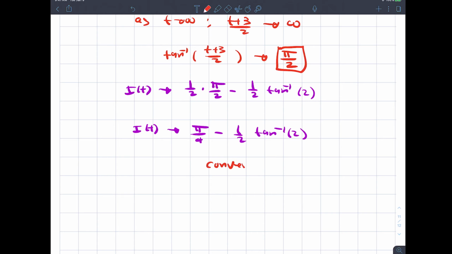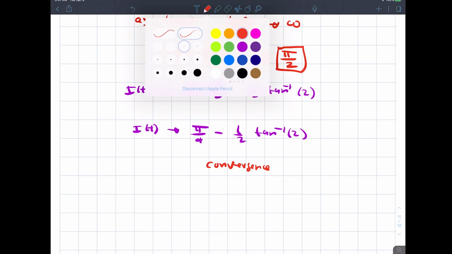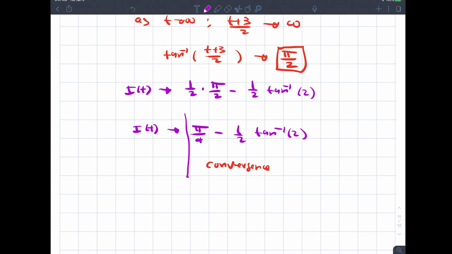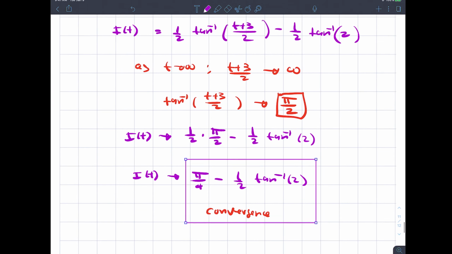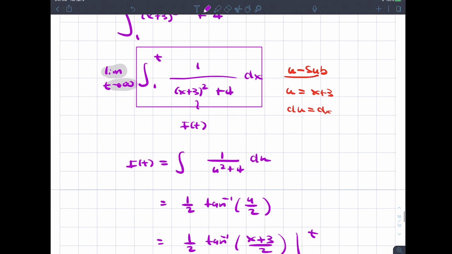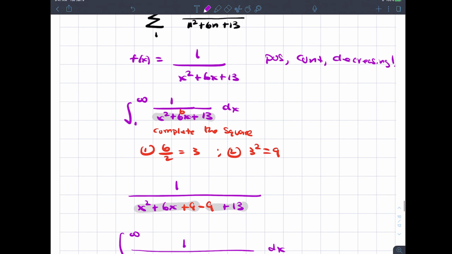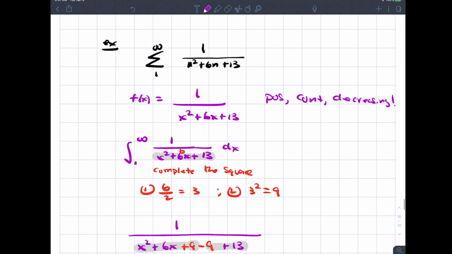So we have convergence. It's a finite value. So by the integral test, since the improper integral converges, that means this series here also converges.